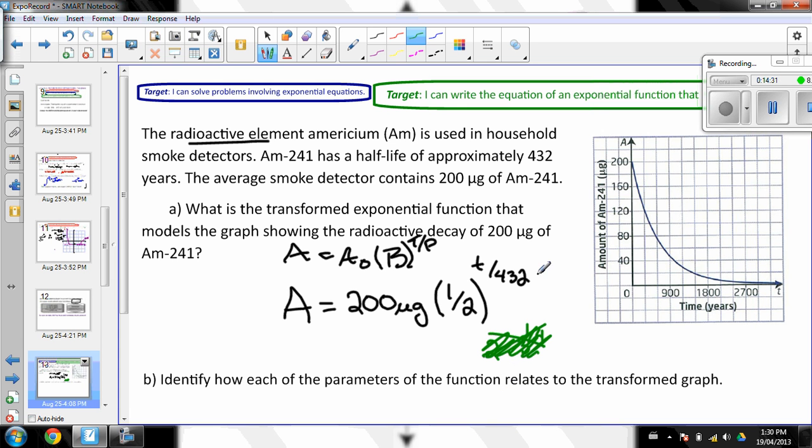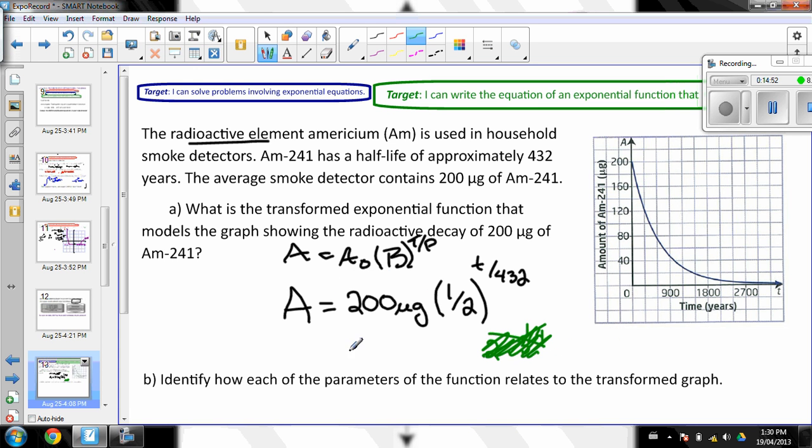Now we can see here that this is also going to give us a decay because we have an exponential base of 1/2. So we would expect to see a nice exponential decay curve, which is what we have, except it's being stretched. It has not been shifted, it has been stretched.